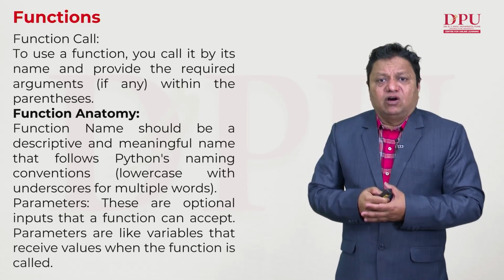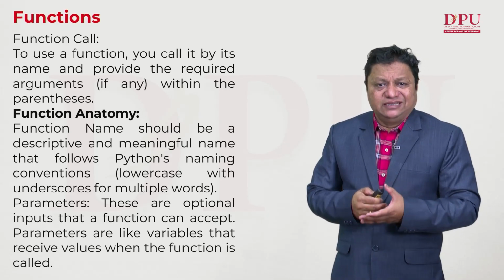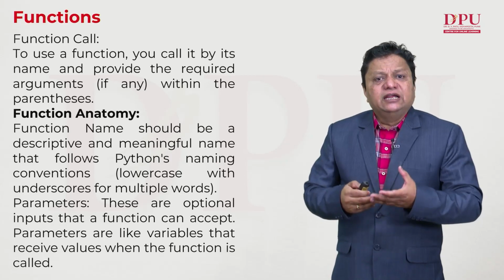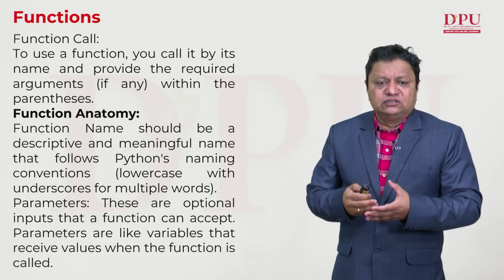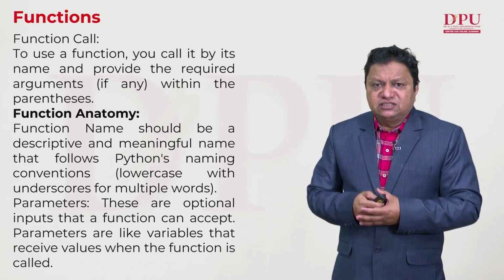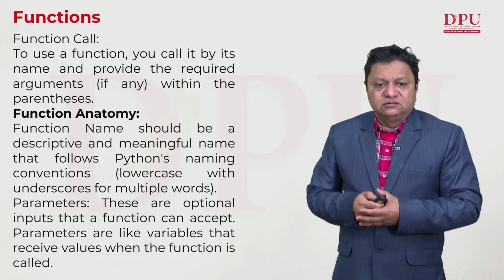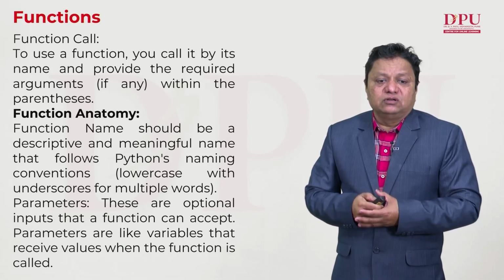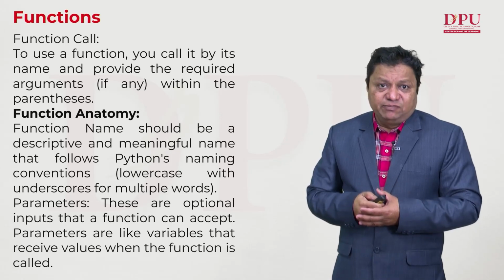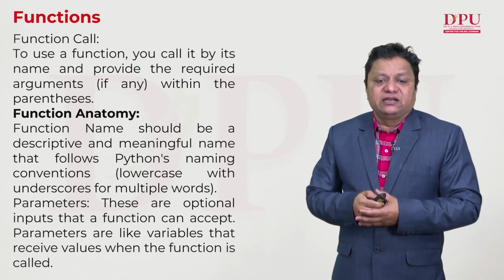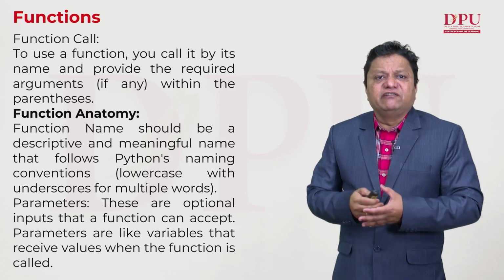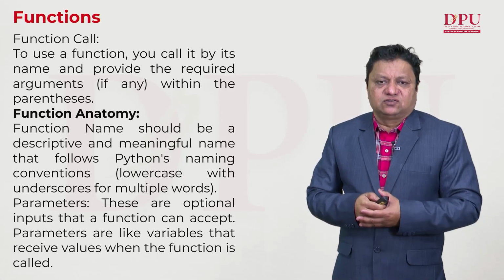Always remember that the function name should be a descriptive one, a meaningful name that follows Python's naming conventions, that is lowercase with underscores for multiple words. Parameters are the optional inputs that a function can accept, and parameters are like variables that receive values when the function is called.